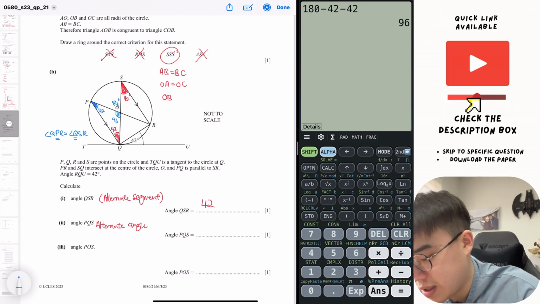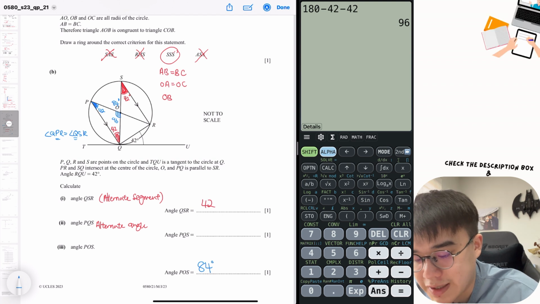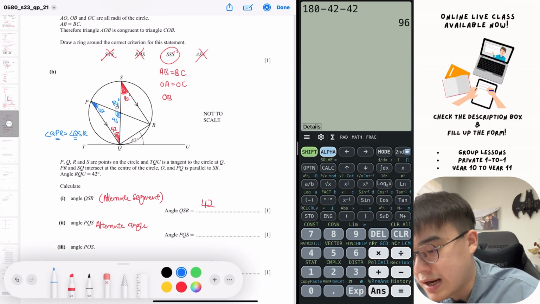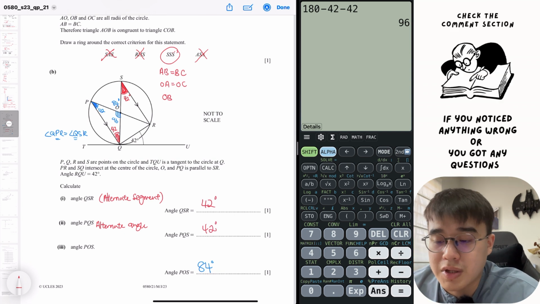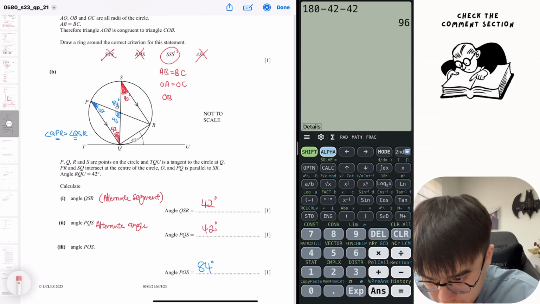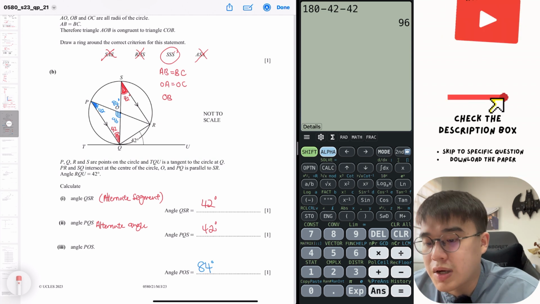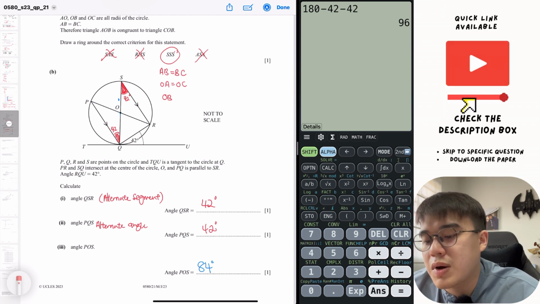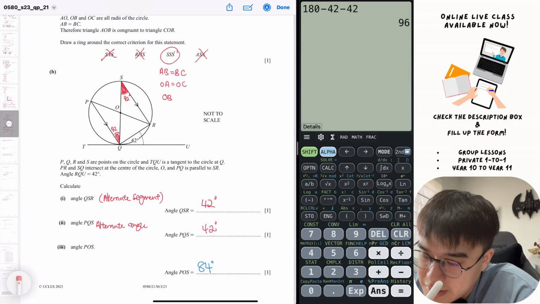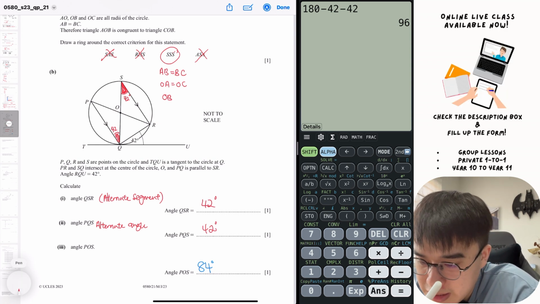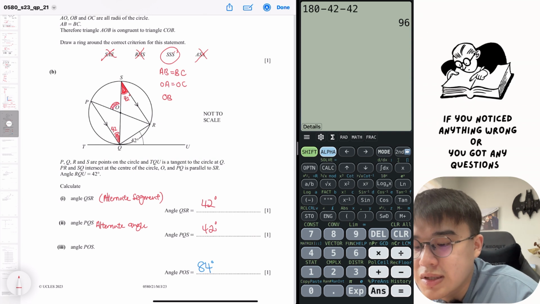If you didn't or you couldn't identify this, there's actually an alternate option here. Okay, so I'm going to remove whatever that I just wrote and show you the other one. Okay, the other one is from angle at the center is twice the angle at the circumference.